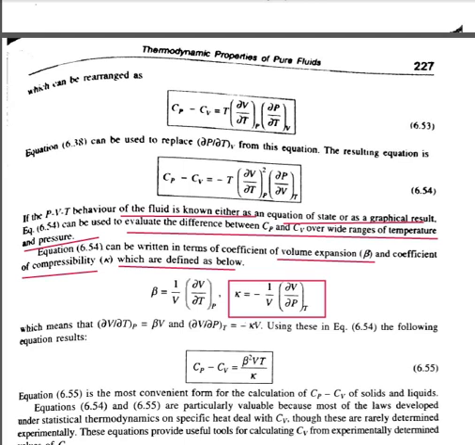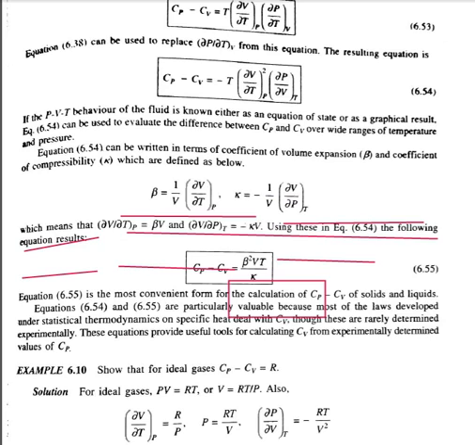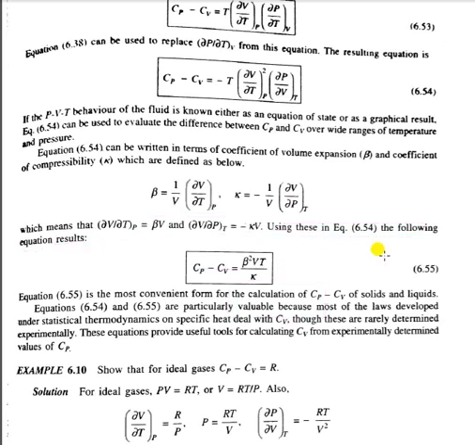So putting both values into equation number 6.54, we got a new equation which is Cp minus Cv is equal to beta square VT upon k. Okay, and this equation is the most convenient equation for the calculation of Cp and Cv for liquids and solids.